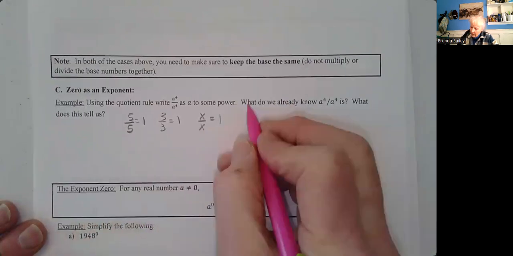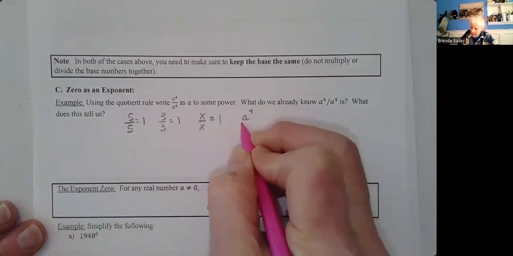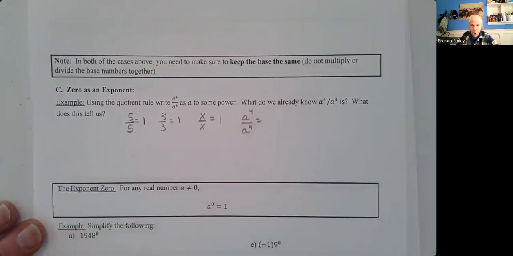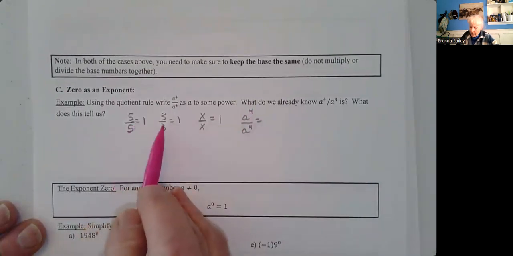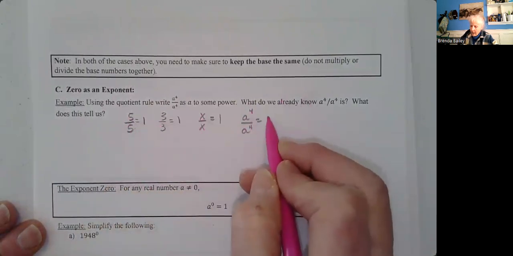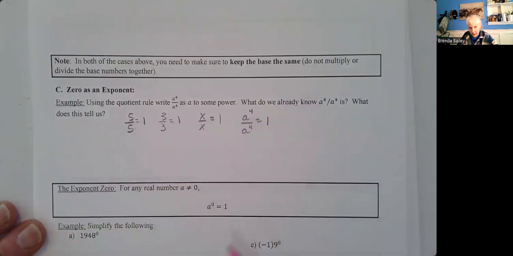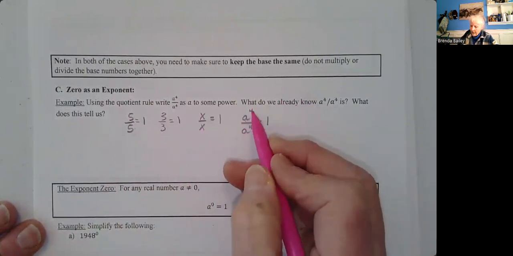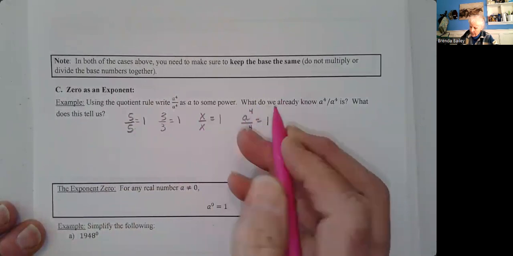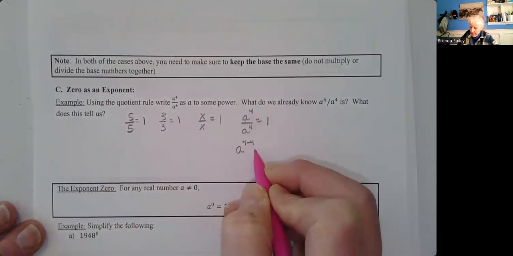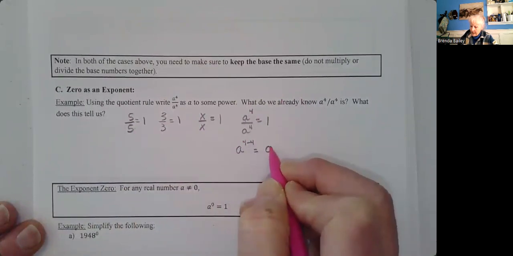Now, if I had a to the 4th over a to the 4th, looking at these examples, when these match, they cancel each other out, it's equal to 1. But using our rules of exponents, when the bases are the same, I subtract the exponents. So I would take a to the 4 minus 4, which is a to the 0.